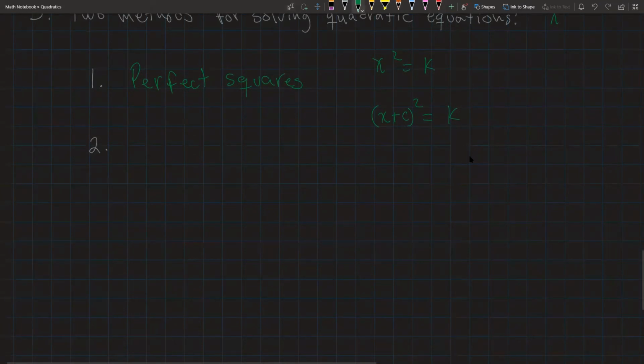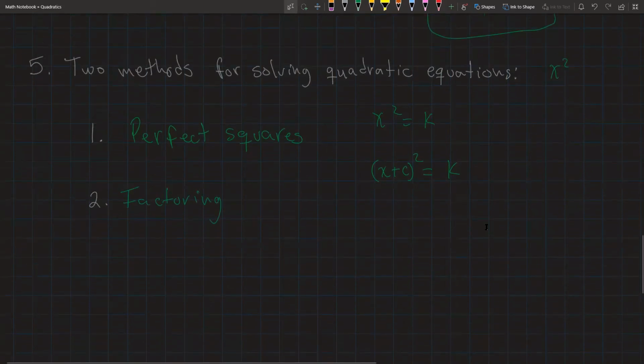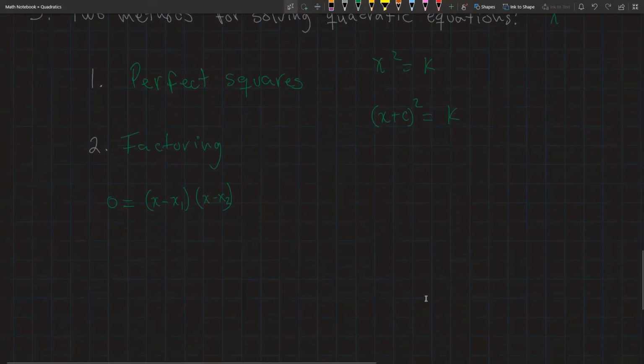All right, and the other one was by factoring. Just summarizing the two methods that we use so far to solve equations. By factoring, and usually it's in the form of 0 equals something times something. So x minus some other x, I'm going to call it x sub 1, and x minus some second x value.